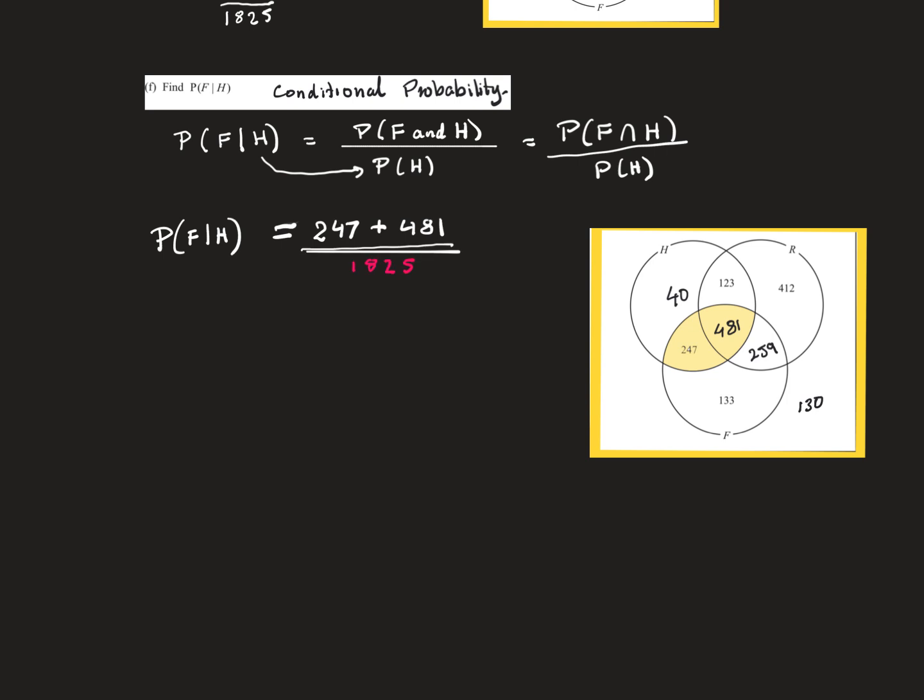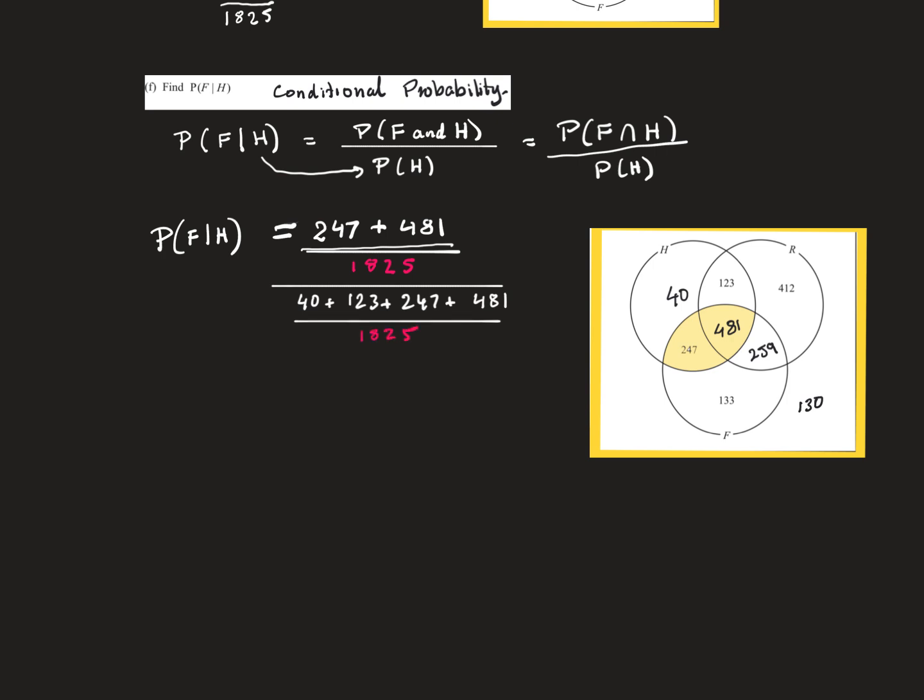divided by 1825, because we're doing probability, and then we will divide this once again by the probability of H, which is 40 plus 123 plus 247 plus 481, and we need to divide that also by the whole probability, which is 1825.